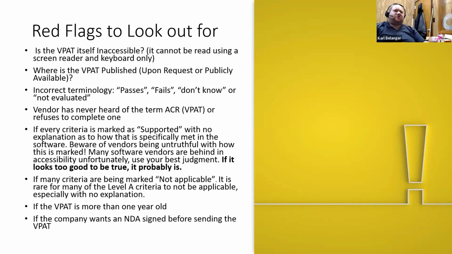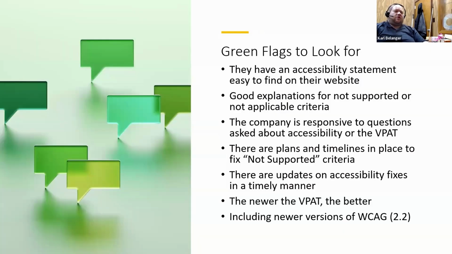All right, green flags to look for. If they have an accessibility statement right on their website that's easy to find. Good explanations for not supported or not applicable criteria, as has been discussed previously. If the company is responsive to questions asked about accessibility or the VPAT.